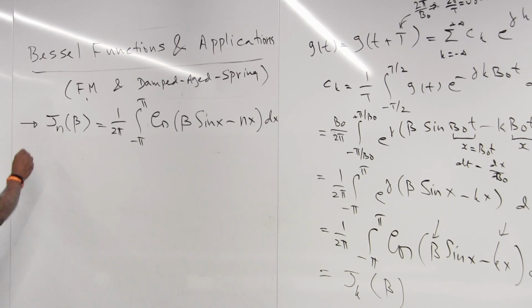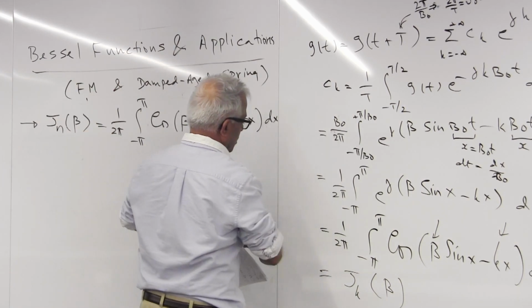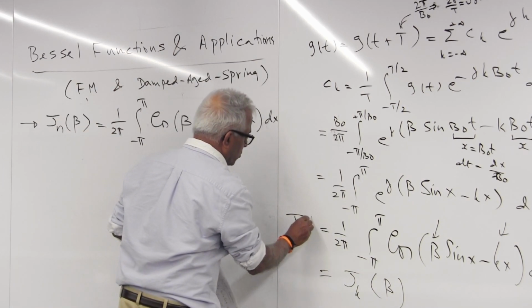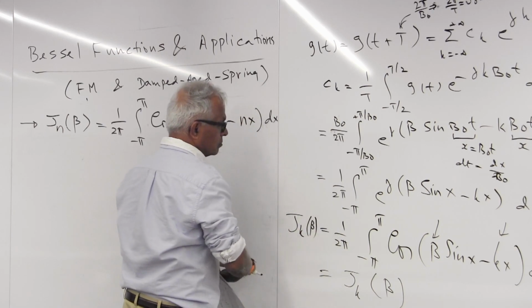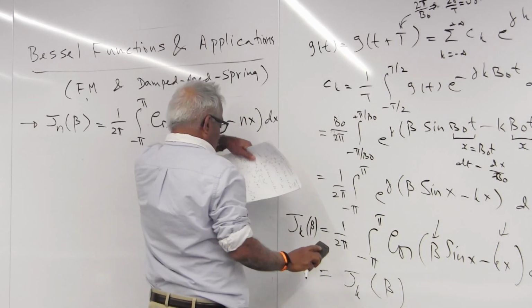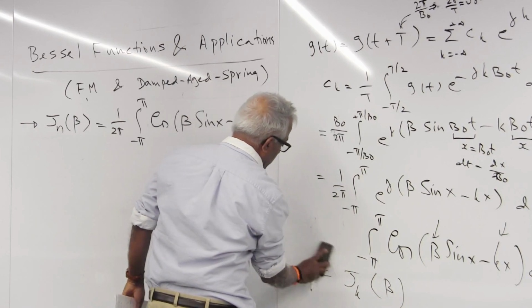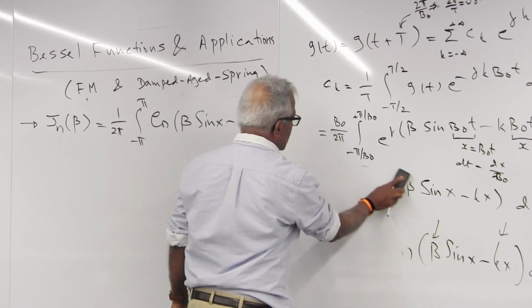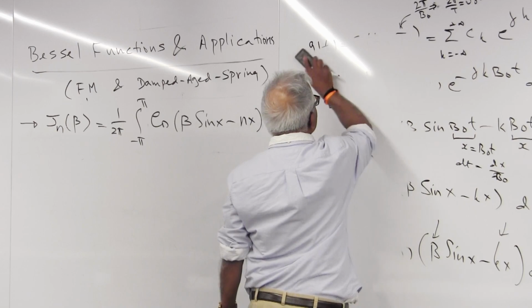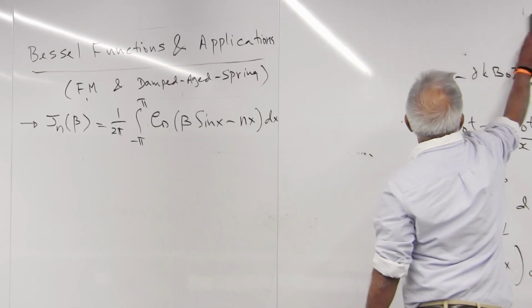This is my starting point, and all I wanted to show is that this comes up. I copied this expression from here. This is Jk of beta, and generally the pictures are like this. So I'm going to dive into these Bessel functions a bit more.